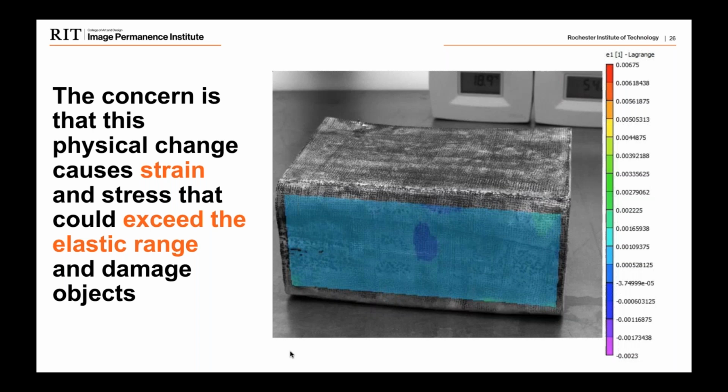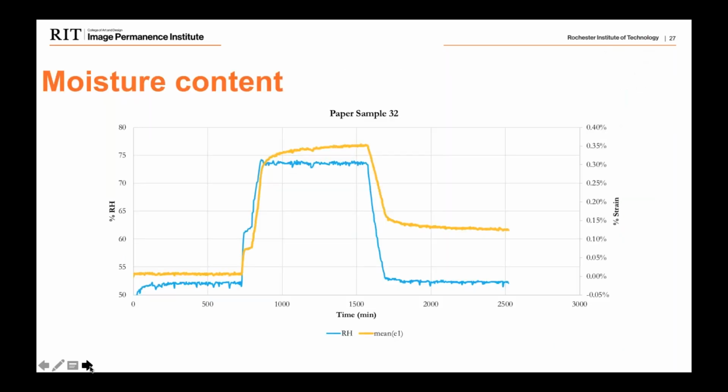So again, the concern is that relative humidity causes those changes in moisture content. That moisture content causes physical changes that result in strain and stress. This graph, also from Al's experiment, illustrates this in graph form rather than visually.